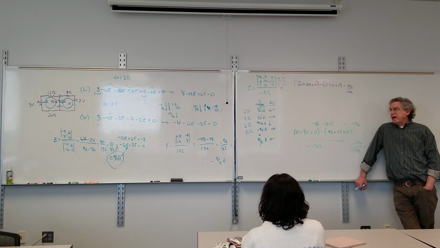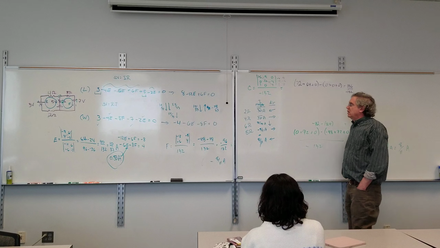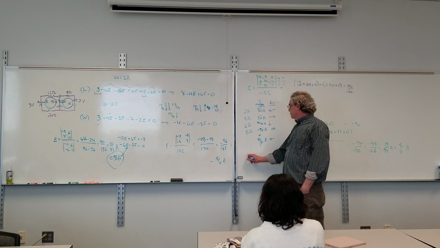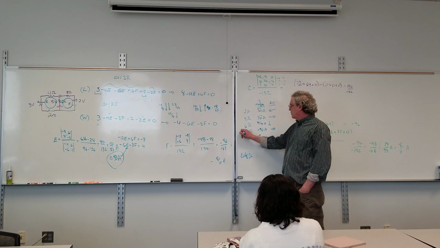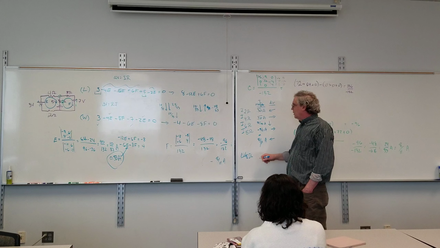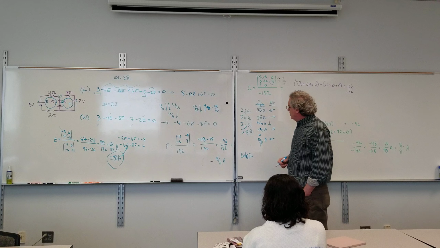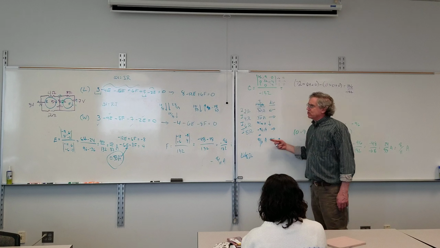The other thing that I ask for is then I say, what is the voltage, the potential difference across one of the resistors? It doesn't matter which one I pick, so let's pick the 8 ohm. That's a delta V. I have the current across the 8 ohm is 8/11 amperes going to the right.